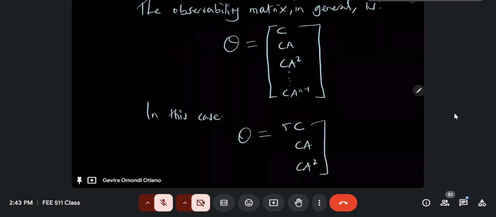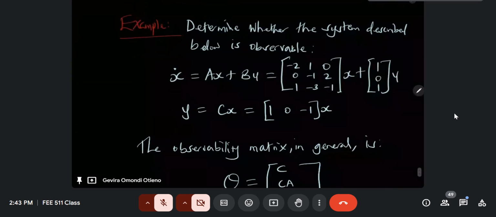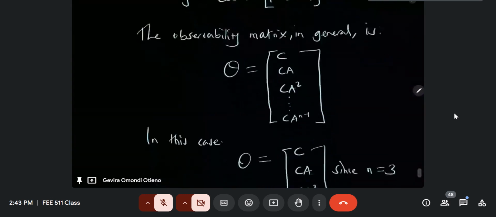Why? Since n equals 3. Because we can tell from the state equations, we'll have x1, x2, x3.